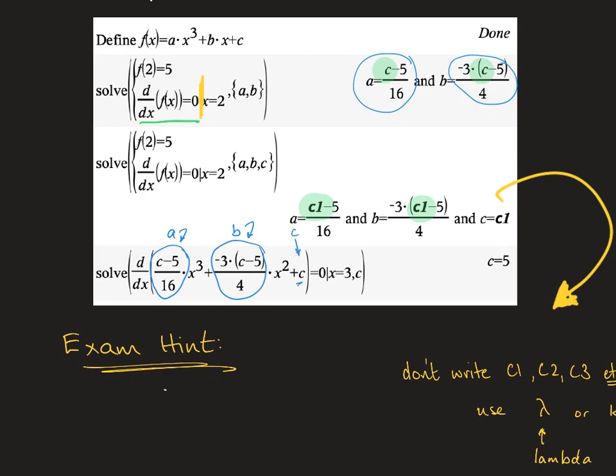Then I've asked it to solve, so we want the stationary point to be at x is equal to 3. So I've got my given that x is equal to 3 here, and so we need the derivative equal to 0 when x is equal to 3, and I've asked it to solve all of that for c for me, and it tells me that the answer is 5.